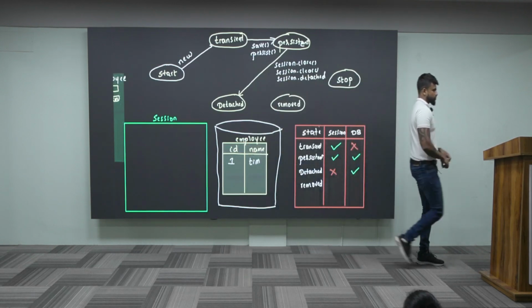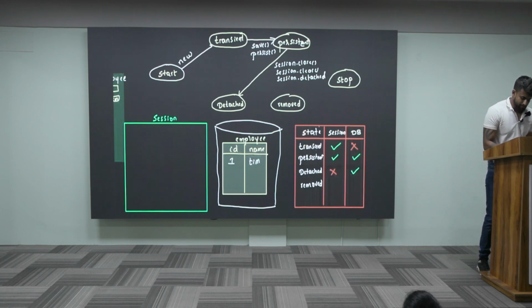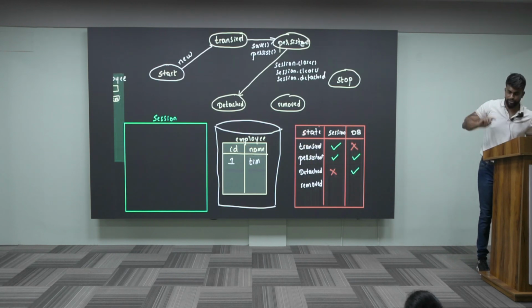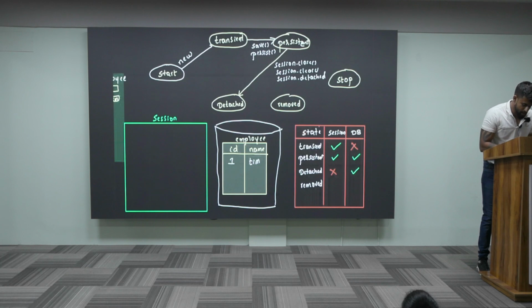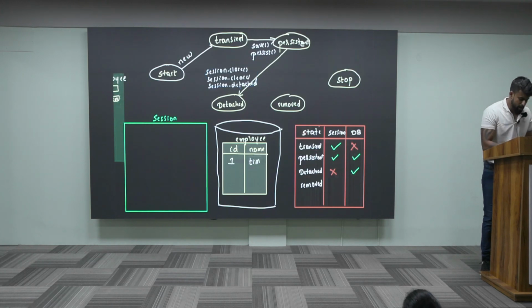Okay, sir. Next what? From persistent you went to detached. Now all of these methods I'll just take and put here. Awesome. Now the question is, when can I go from persistent to removed?